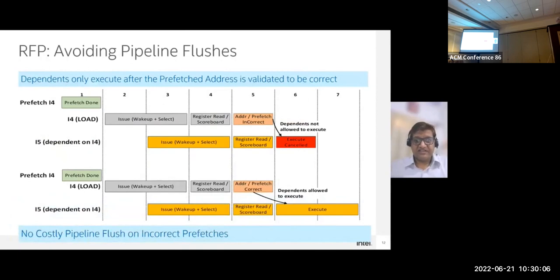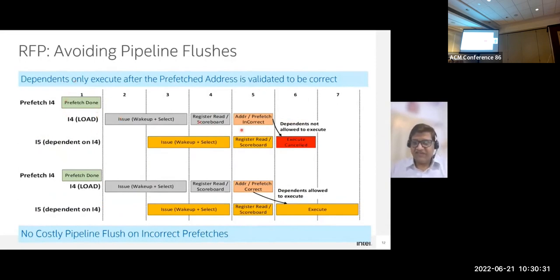Register file prefetching is a true prefetcher. It does not cause pipeline flushes in case of incorrect predictions. This is achieved by making dependents execute only after the prefetch address has been validated to be correct on the load's execution. The top pipeline schedule here shows a case where the prefetch has completed in cycle 1.